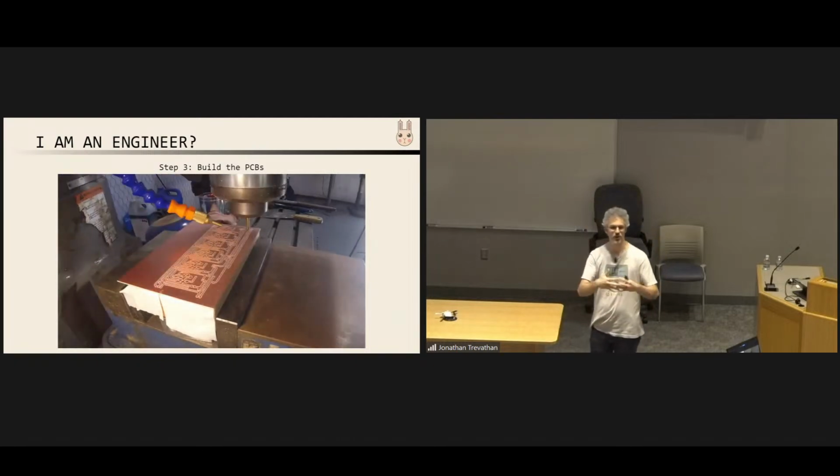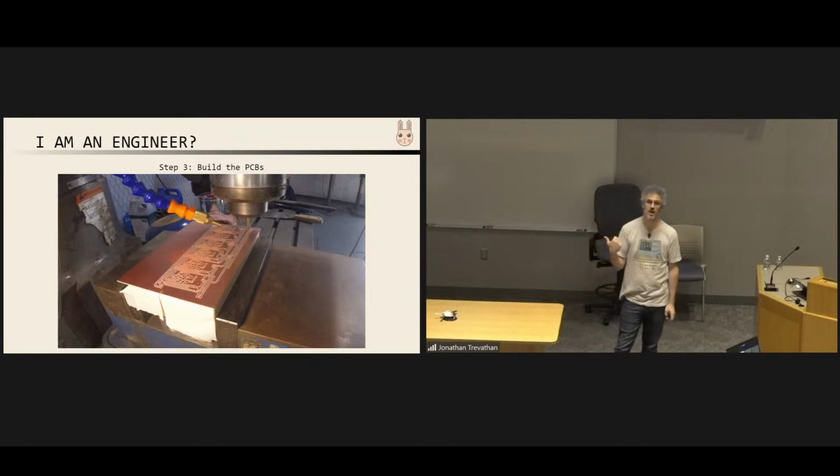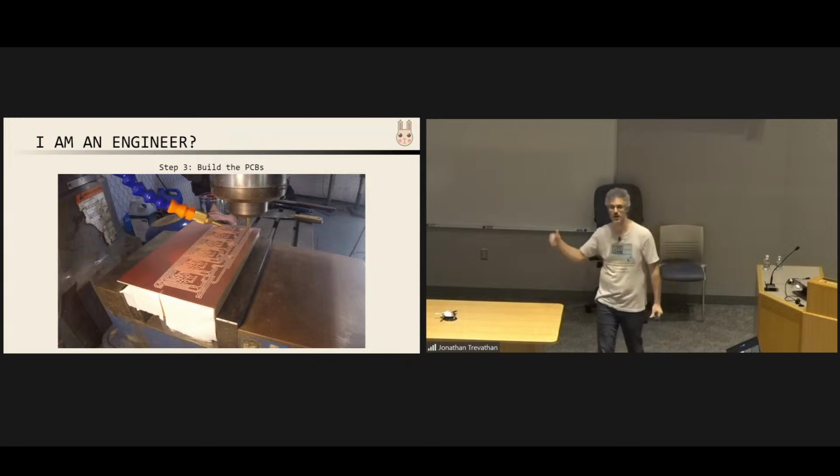I design it out, turn it into Gerbers, convert those Gerbers over to G-code, load the G-code into our CNC mill, and machine out my PCBs. Now, our CNC mill is kind of old, and it's meant to do big, heavy stuff, not really small, precise stuff. So my circuits are ridiculous here.